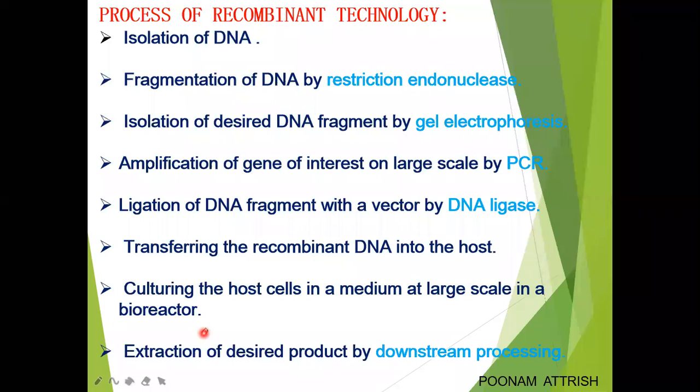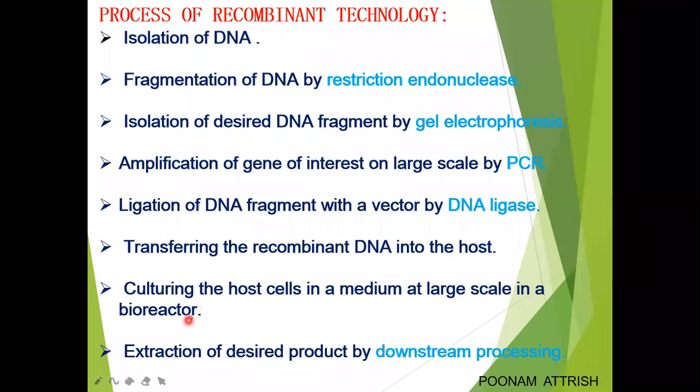A bioreactor is a huge vessel in which we can culture approximately 1000 liters volume of bacteria or any animal cell which has our desired gene. The volume may be more than 1000 liters, so that we can get our desired product. For example, our host cell has the insulin gene, so insulin can be produced on a commercial scale with the help of a bioreactor when we culture our host cell with the desired gene in it.